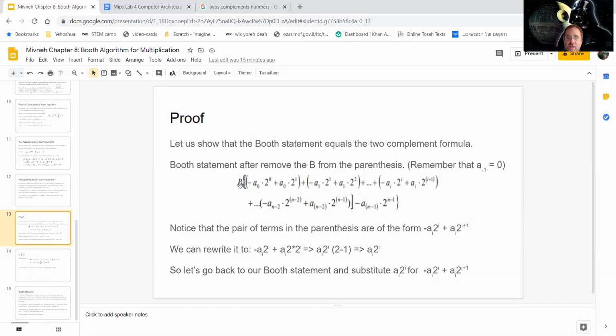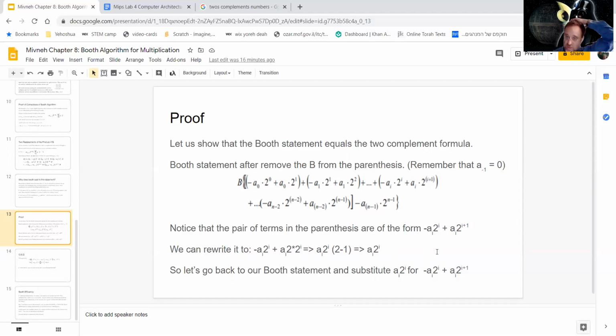So look at each of these parentheses here is equal to the form minus A of I times 2 to the I, right? Plus A to the I times 2 to the I plus 1. So we can take that term and rewrite it as minus A times 2 to the I plus A to the I times 2 to the I.